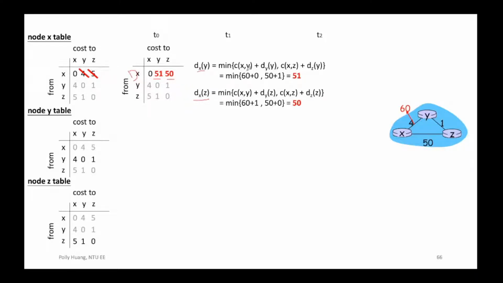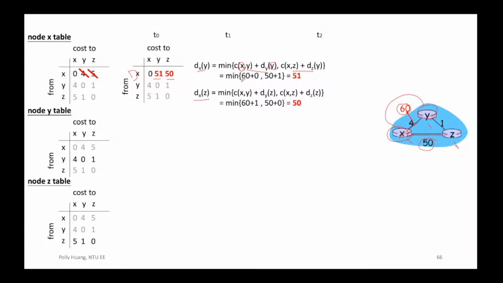Okay, and the detail is this, again, from the source to the destination. So the xy, the source is x, destination is y. Through two neighbors of x, the source, that would be y and z. So we have y and z here. Link xy costs 60. Link xz costs 50.